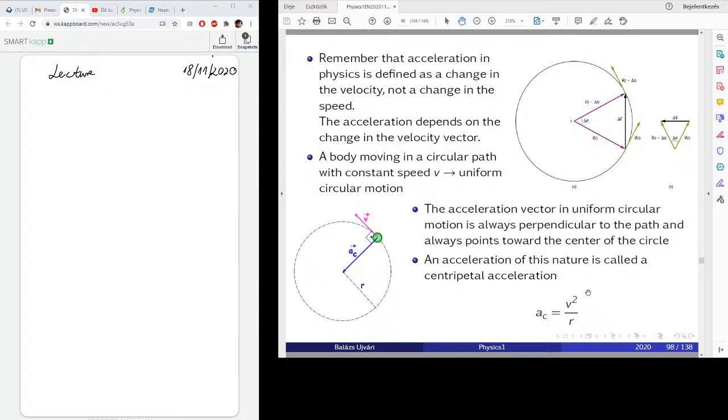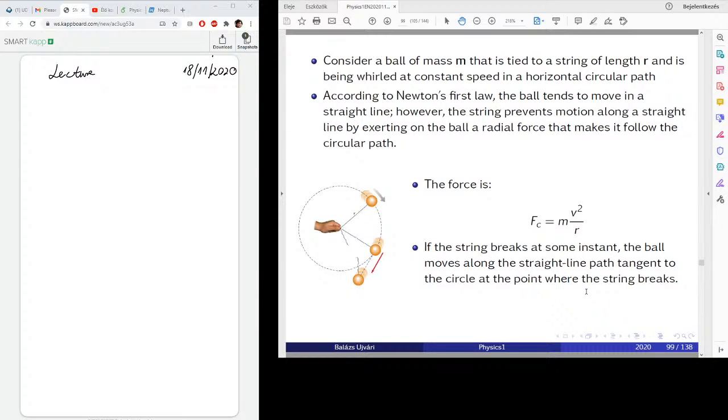Since v equals omega times r, you can also use the formula omega squared times r. Since there is acceleration, we need force. If this body has a mass m, the centripetal force is m times v squared over r.